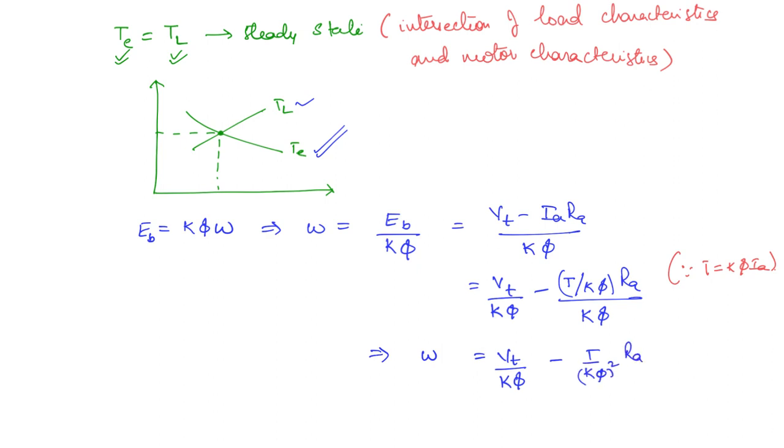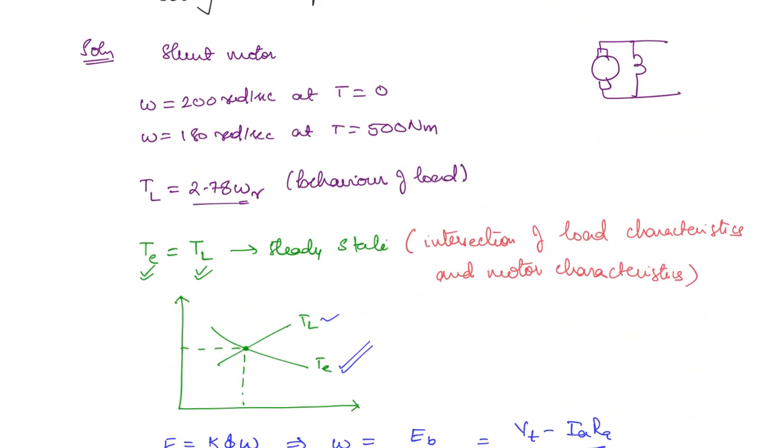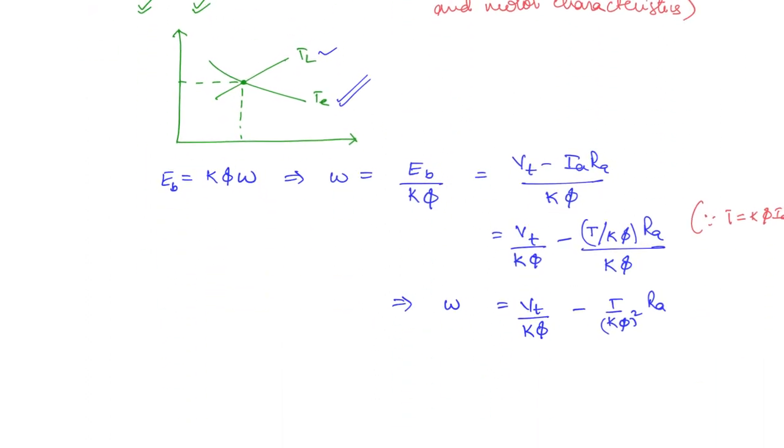Now what we have here is, this is a straight line, right? You can say this is the constant and R_a by K phi square is a constant. So this is a straight line only, right? Now you can see here you have 2 points. Omega is equal to 200 at T is equal to 0. It is 180 at 500. So for a straight line when you have 2 points, then you can easily find out the expression. So what will be the expression?